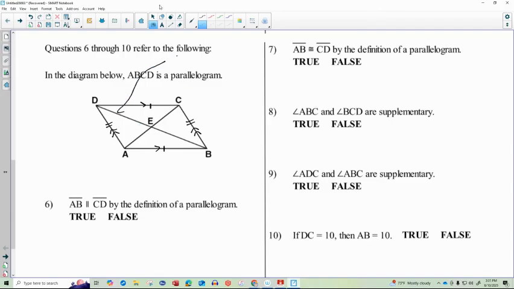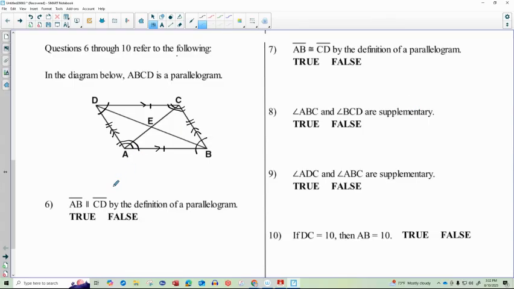Also, something you should know about the angles is that, say, angle D, which can also be known as angle ADC, will be equal or congruent to angle B, and angle A over here will be congruent to angle C. But if you got two angles that are next to each other, called consecutive angles, they're going to be supplementary, add up to 180.